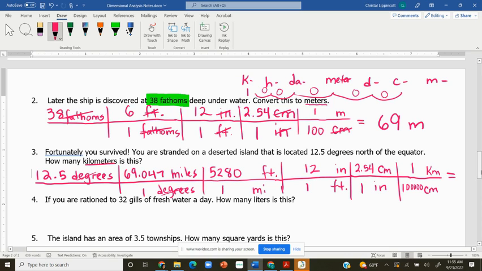All right. So my calculator kicks back to me this value.